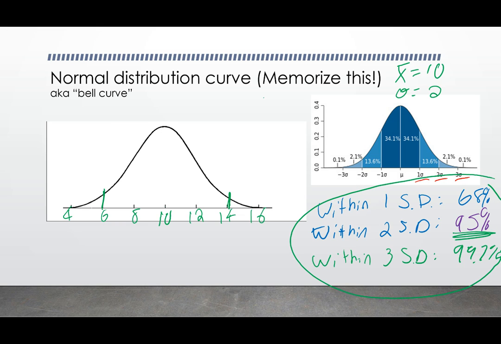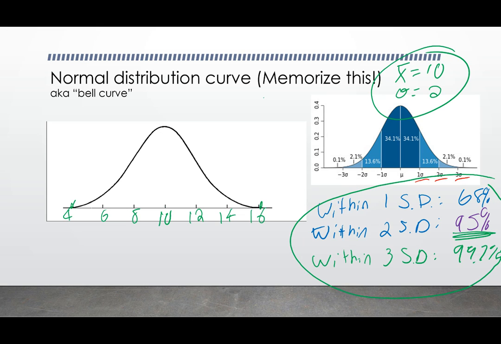And going 1 standard deviation further, from 4 pounds to 16 pounds, that would be 99.7% of the fish that I caught.